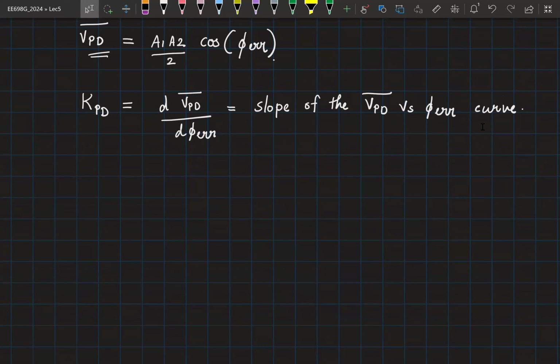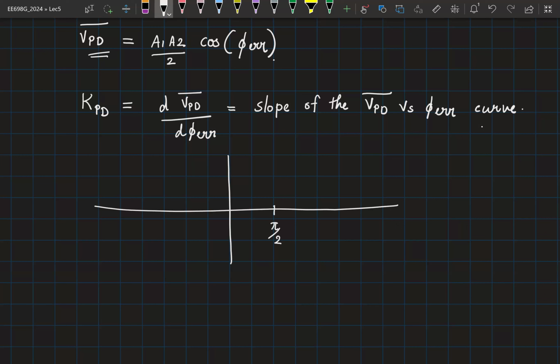So VPD average versus phase error, we have already plotted. Right, what did you get? Yeah, it was a cosine signal. What comments can you make about KPD for this?